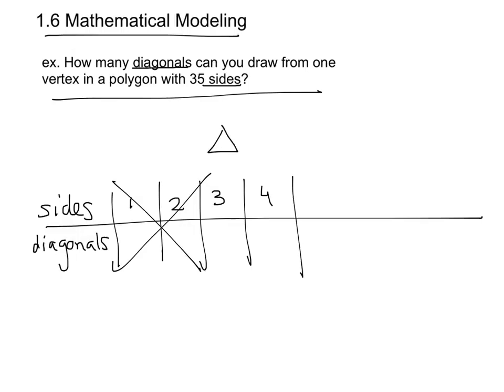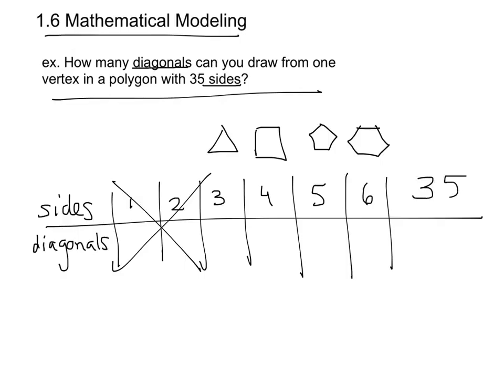We can then go to 4, a rectangle or a quadrilateral, 5, a pentagon, and we can go to 6, which is going to be a hexagon. And then hopefully by that time we can find our pattern and go to 35.